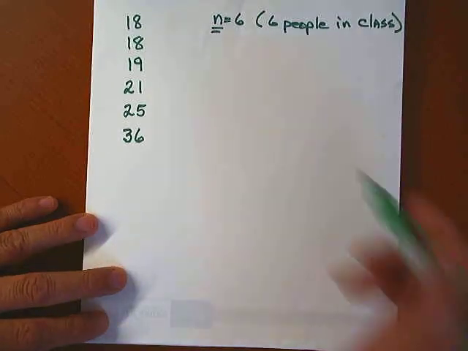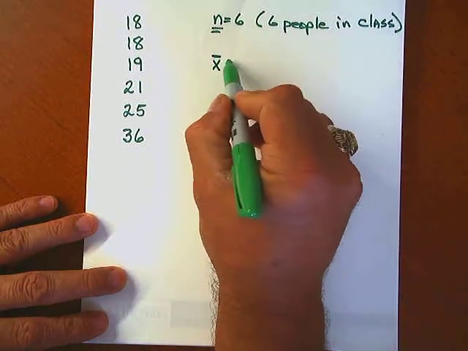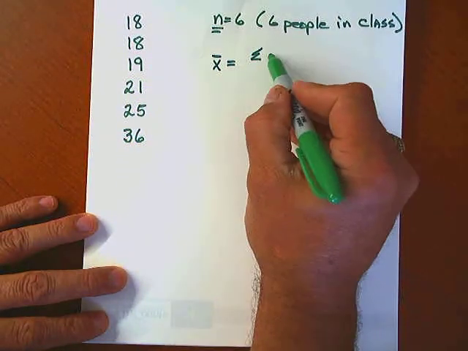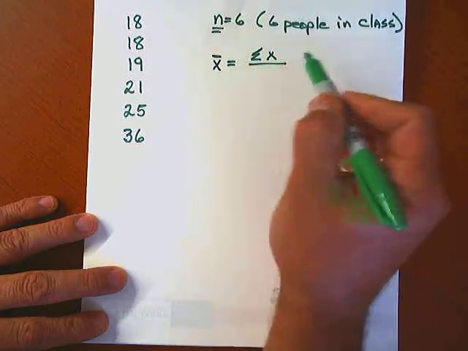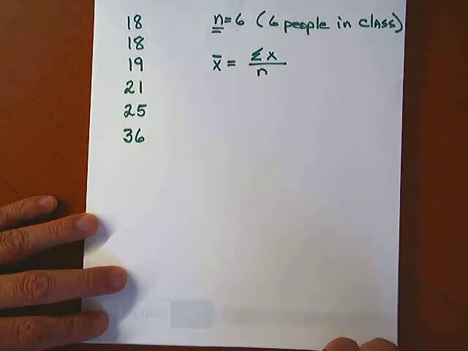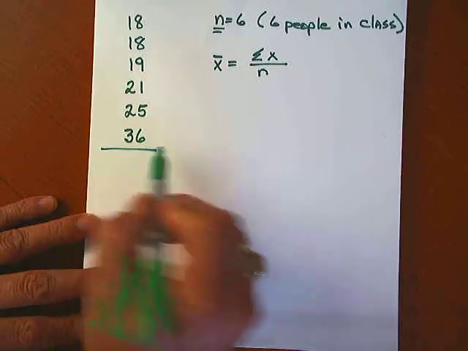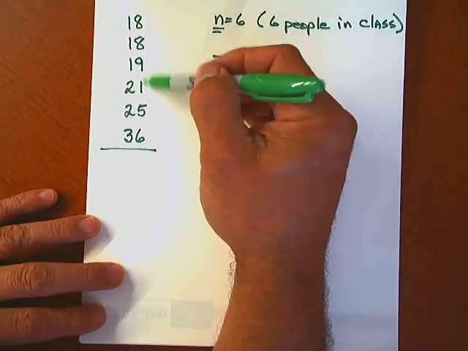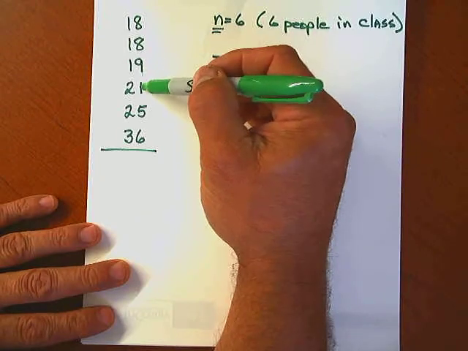The first thing you have to get is the mean, and we've already talked about that. The mean is equal to the summation of x over n, and add all these up. Of course, I haven't done that, so we'll just do it by hand. There's a 10.